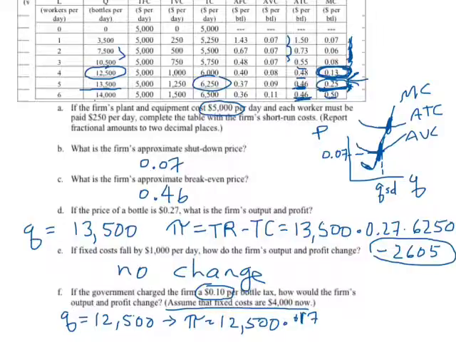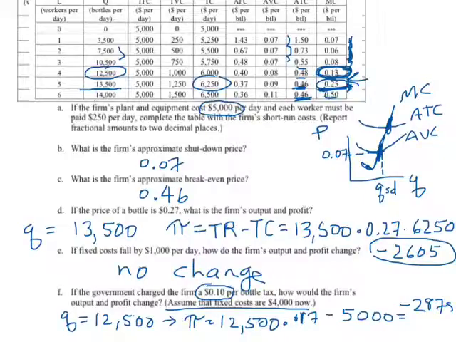Sorry, that's a little messy. Minus, now our costs are $5,000. We calculated them at 6,000, but then their fixed cost fell by 1,000. So minus 5,000, and that gets us to a loss of $2,875 a day.